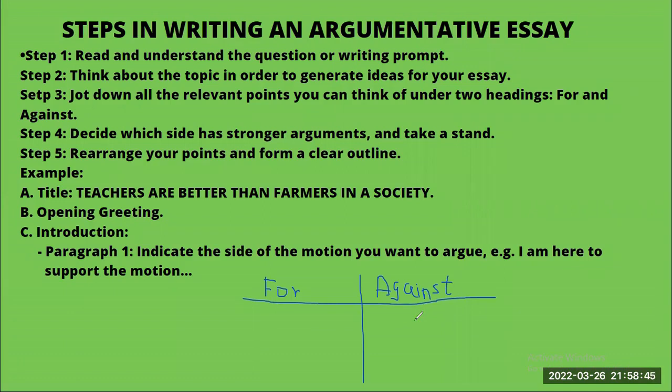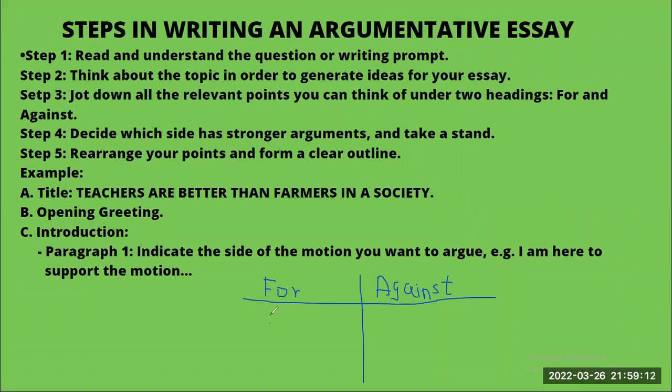All right, so when you jot down all the points that come to your mind, then you look at the 2 sides, and in step number 4, you decide which side has stronger arguments and take a stand. Assuming you have 5 points here and you have only 3 points against, then you may decide to choose this side.